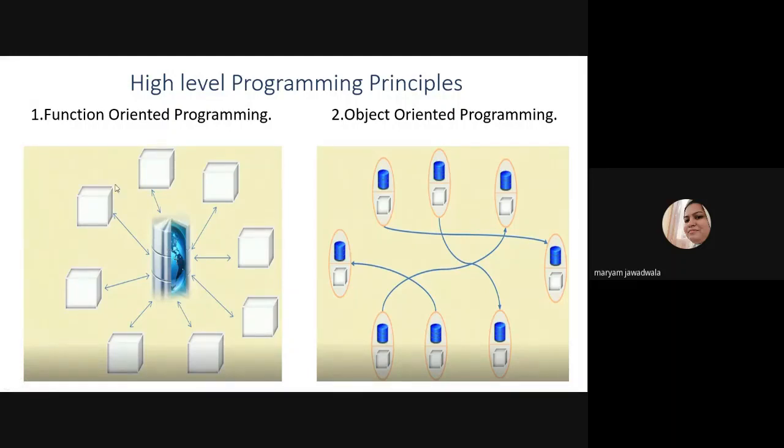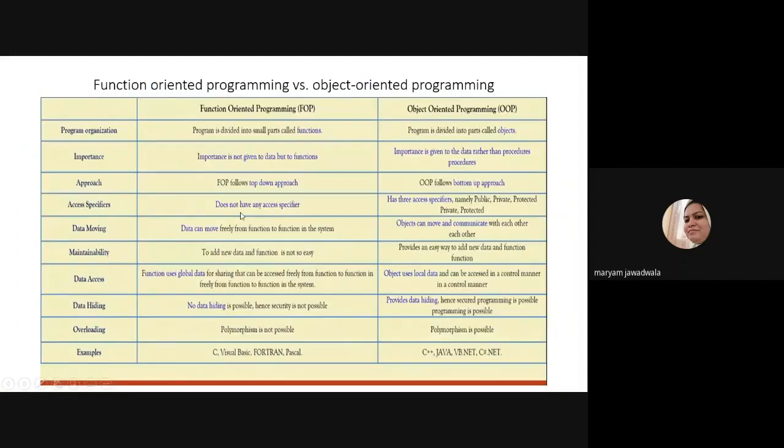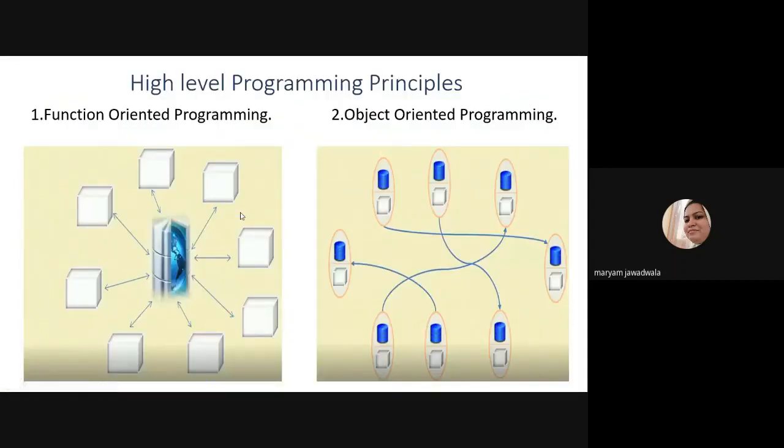Data is common here, and you write different functions to execute your program. An example of function oriented programming is C programming, right? If you remember something about C programming, C programming is nothing but a collection of different functions, or C programming is an example of a structured programming language, right?